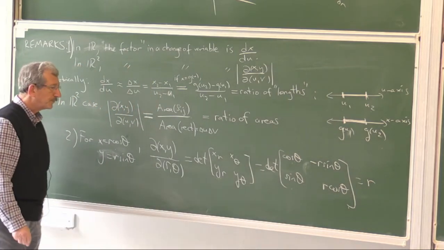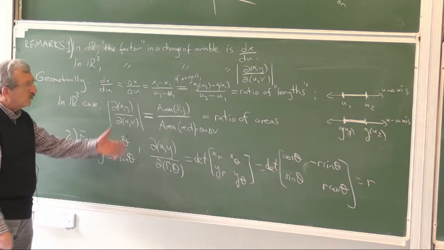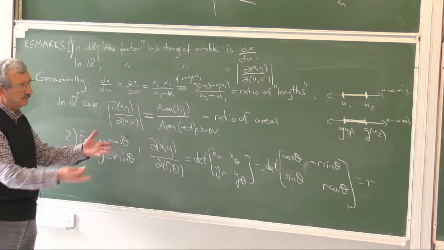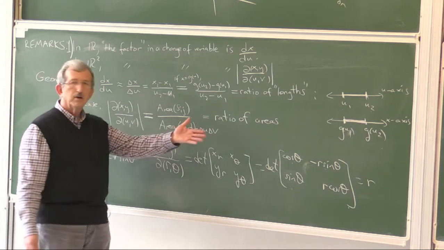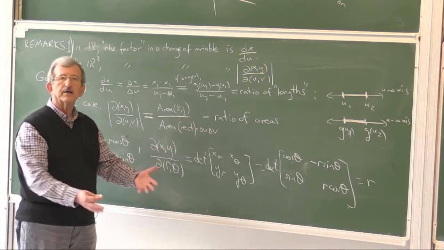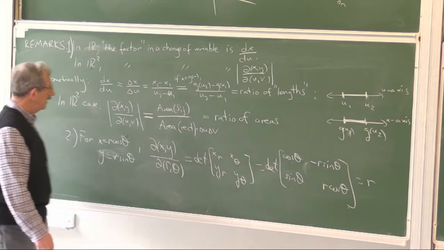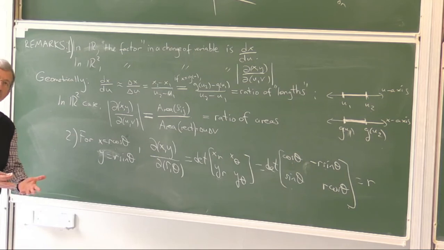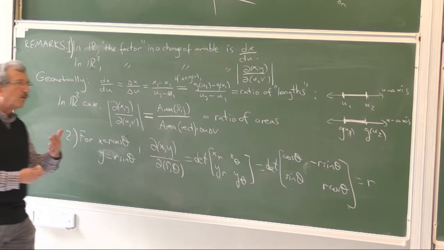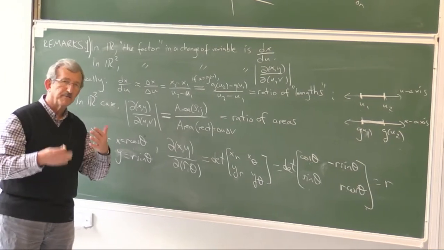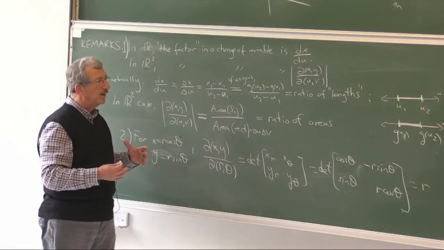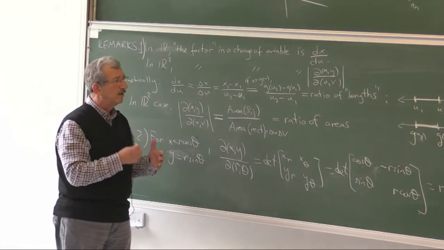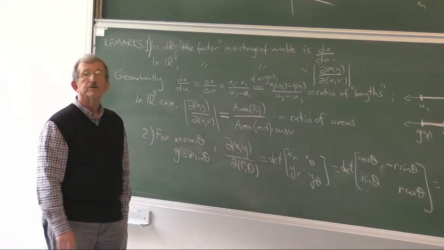Well, normally we put absolute value, but when you put absolute value, r being positive, you still get r. So that's why we have an extra r in polar substitutions. That's exactly the ratio of areas, the differential ratio, of course, namely, when deltas are very small, it's approximately r times.